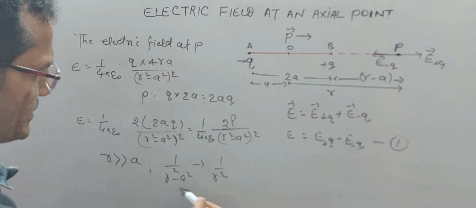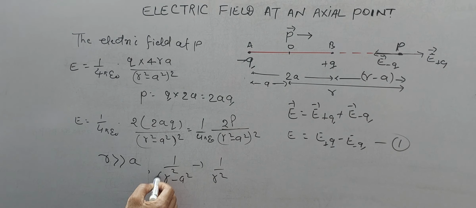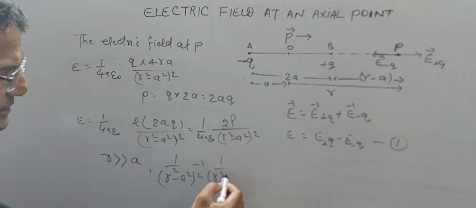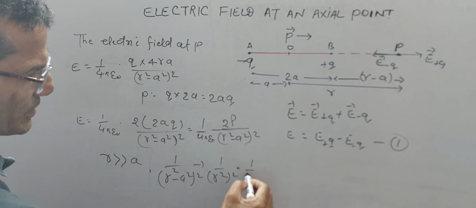Since it has the square, it becomes 1 upon r raised to the power 4.